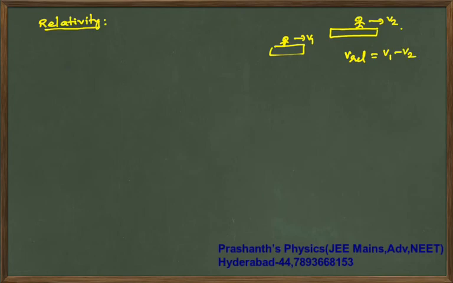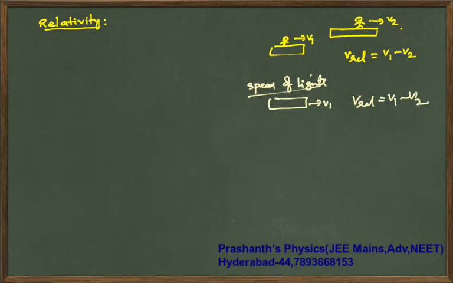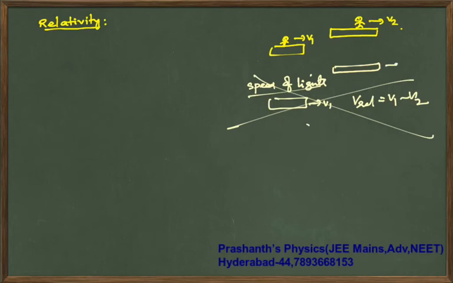But if you consider speeds close to the speed of light, then you cannot apply v relative equal to v1 minus v2. Relative velocity is not meaningful when it comes to relativity. You cannot write v1 minus v2 if one object is moving with speed of light and another object is moving with speed of light, c; you cannot write relative velocity c minus c equals 0, something like that.